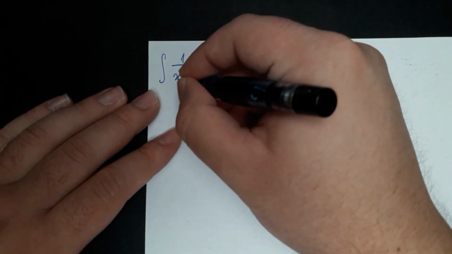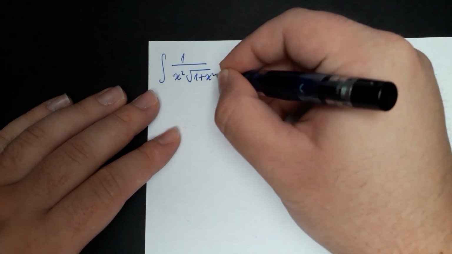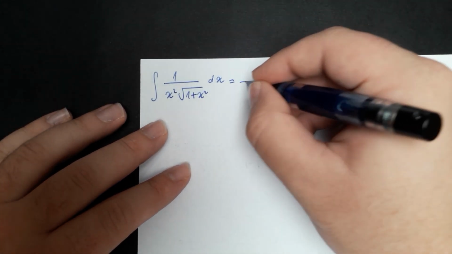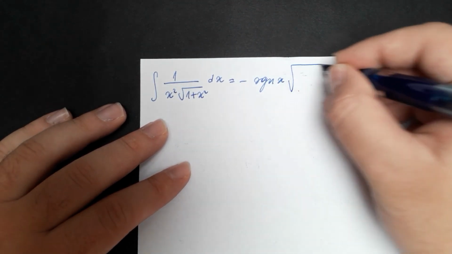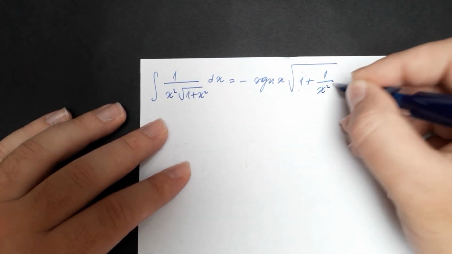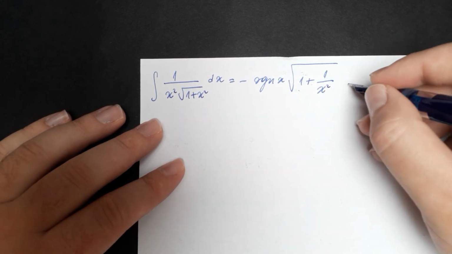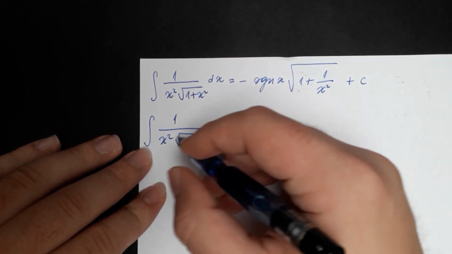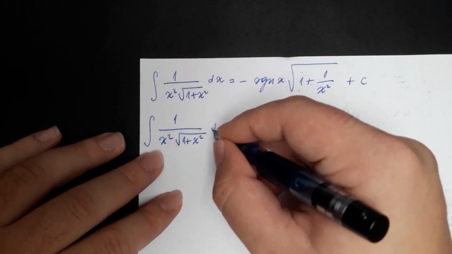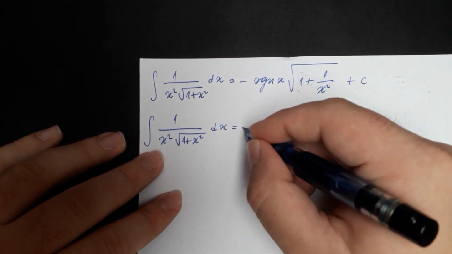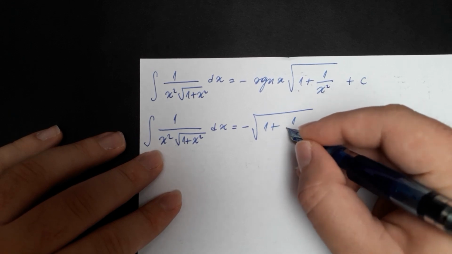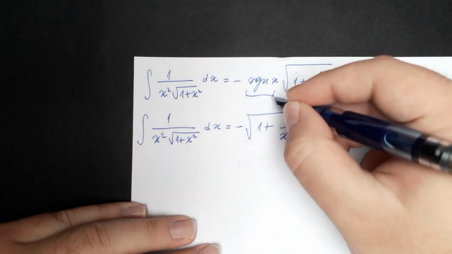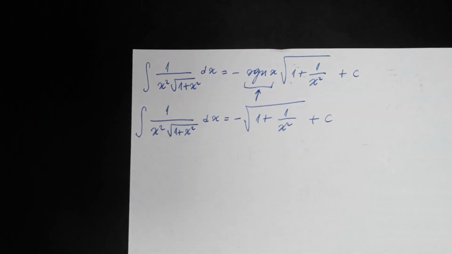We are solving the same integral, and I get minus signum of x times the square root of 1 plus 1 divided by x squared plus C, and he gets, solving the same integral, negative square root of 1 plus 1 divided by x squared plus C. This signum right here makes a huge difference.